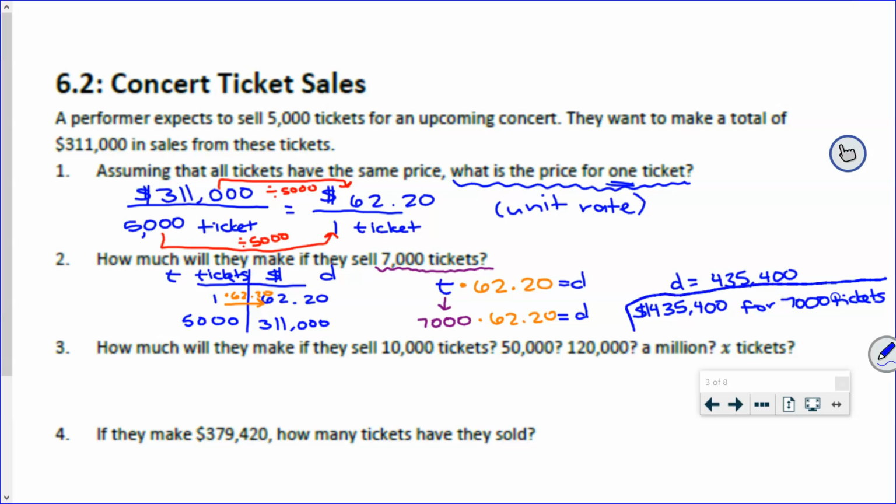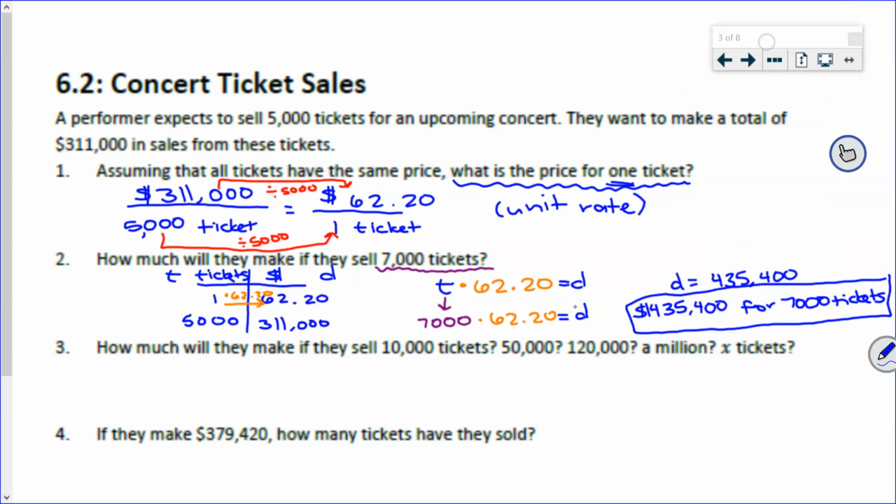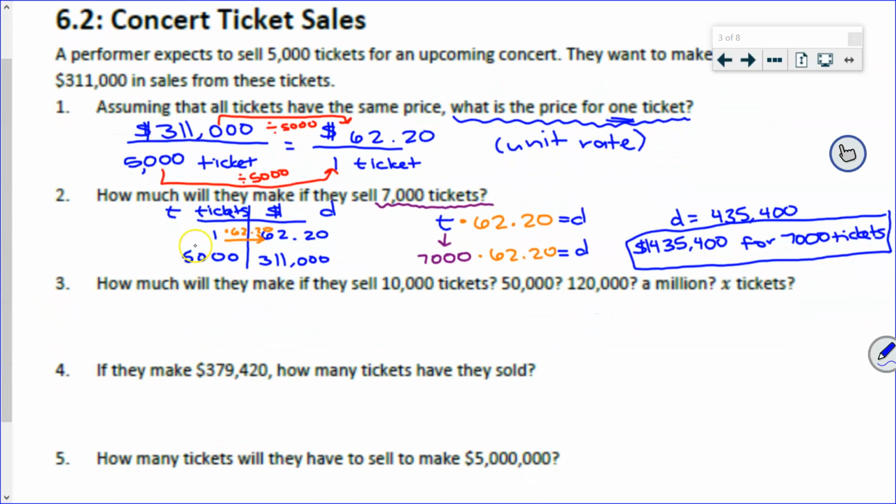Again, even though it did not ask us for an equation, setting up that equation sets us up for success. So question 3 says, how much will they make if they sell 10,000 tickets, or 50,000 tickets, or 120,000 tickets, 1,000,000 tickets, or X tickets?